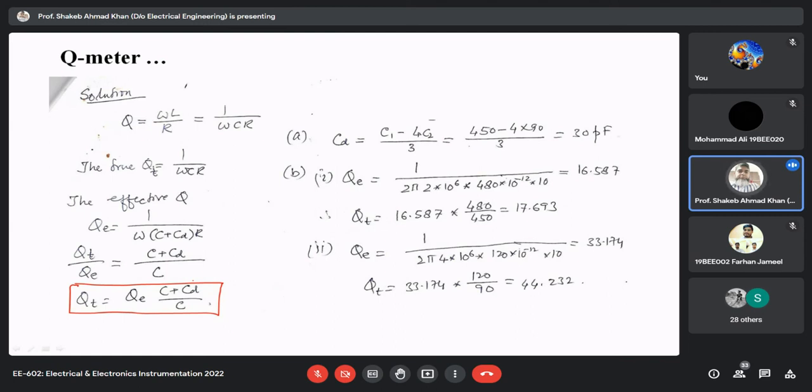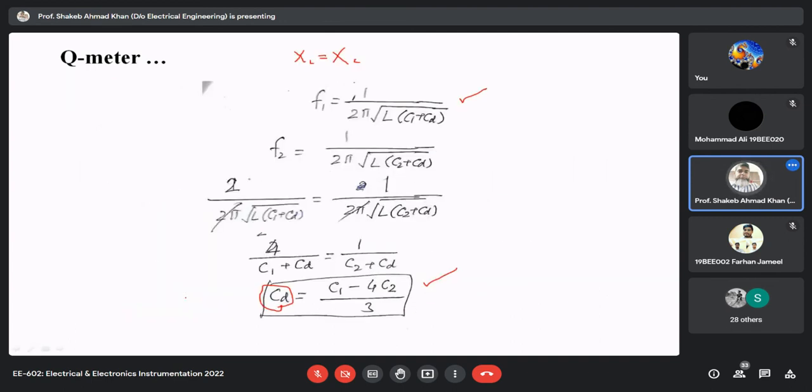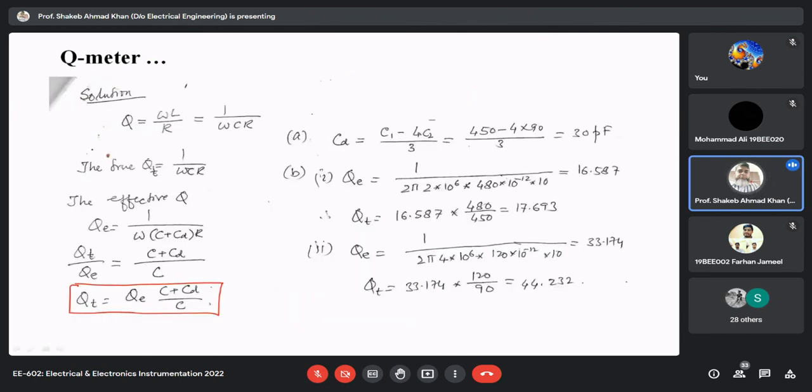Obviously you should know the tuning capacitance value, which you will know, and the distribution capacitance value, which is measured with the help of this method. Once you know the distribution capacitance value, you can put it in this formula and find the true value of Q, which will be free from the effect of the distribution capacitance on the measurement.